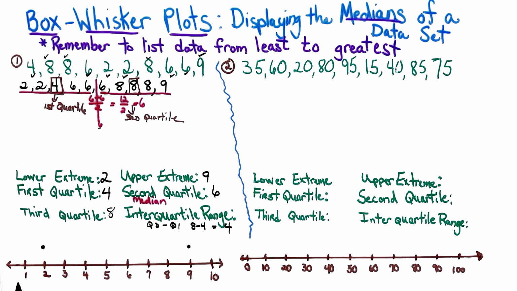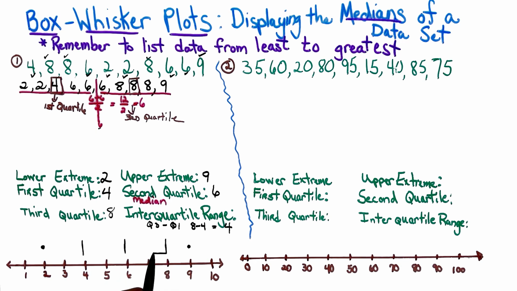And now I am marking my first quartile, my second quartile, which is the median, and my third quartile. I make little lines, and you'll see because we're going to end up making a box. So the first quartile was at the 4. There it is. The second quartile, which was the median, was a 6. And the third quartile was an 8.